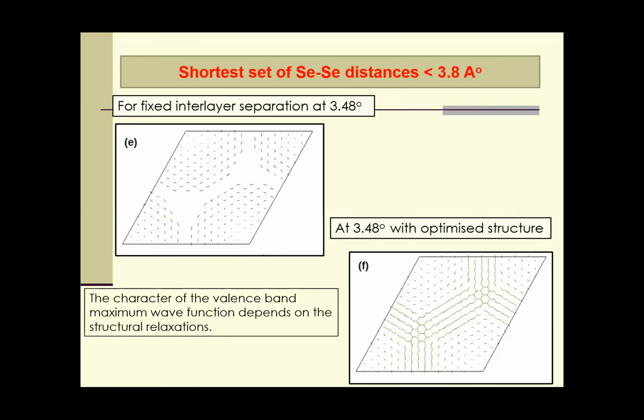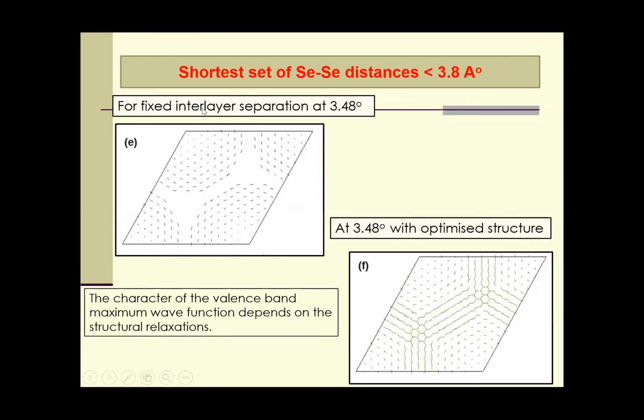Firstly, we took the real space distribution of distances less than 3.8 angstroms. What is shown here is that I join the selenium atoms in the two outermost layers which have distances less than 3.8 angstroms, and this is a projection onto the Moire cell to tell you where exactly they are located.